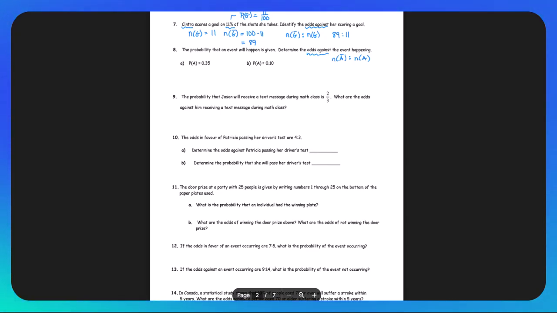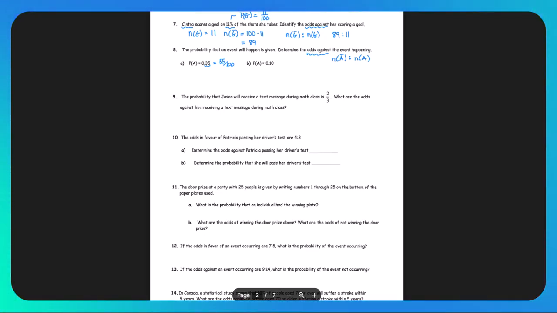Now we're given the probability. We're going to start by rewriting these probabilities as a fraction. Now remember, to make something into a fraction, we move the decimal 2 places to the right to give us 35, and we put that over 100.